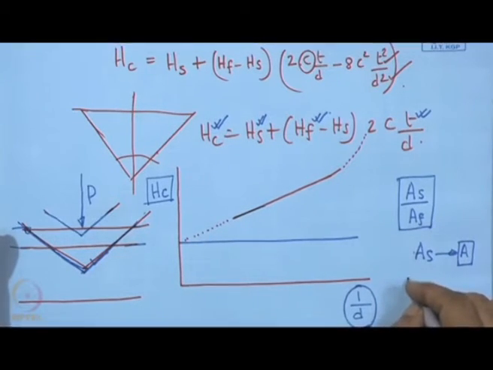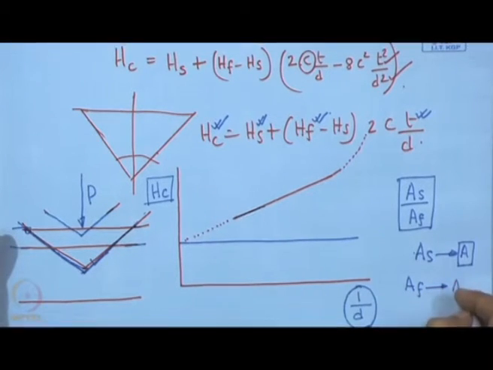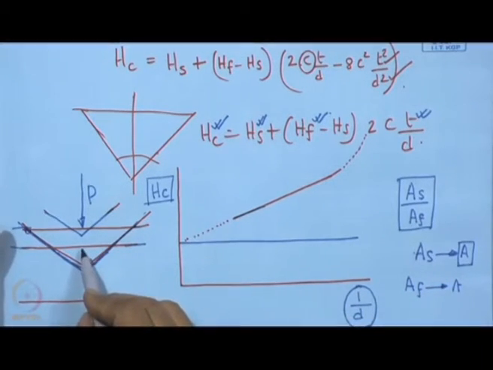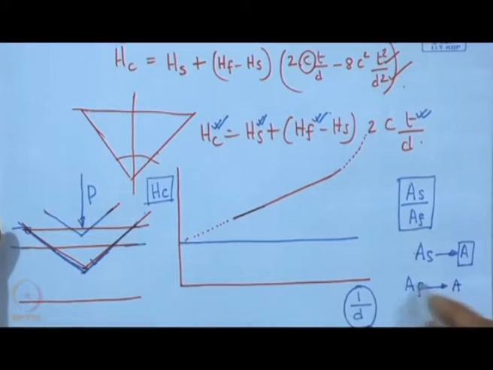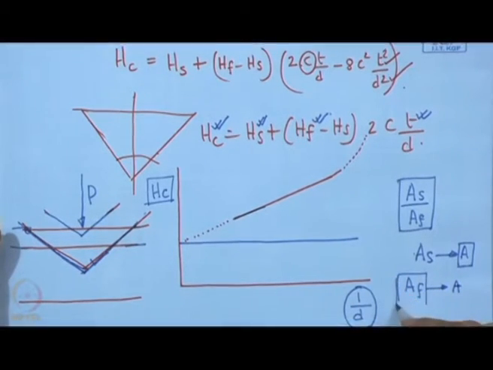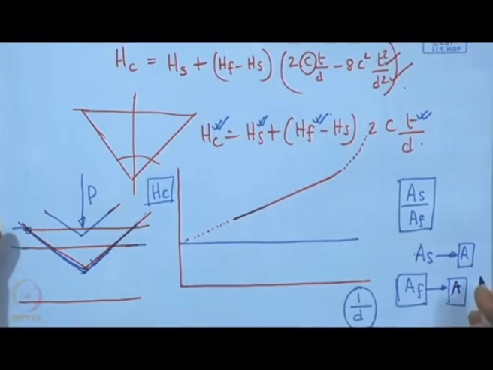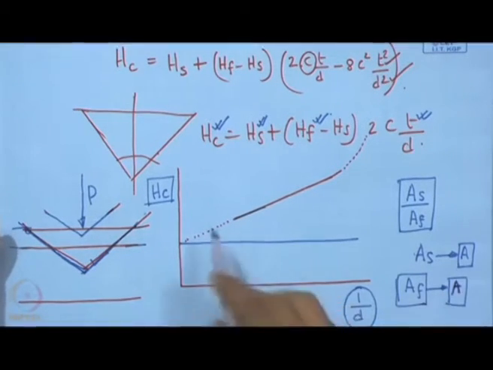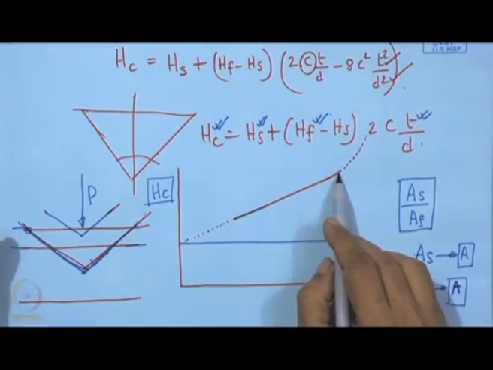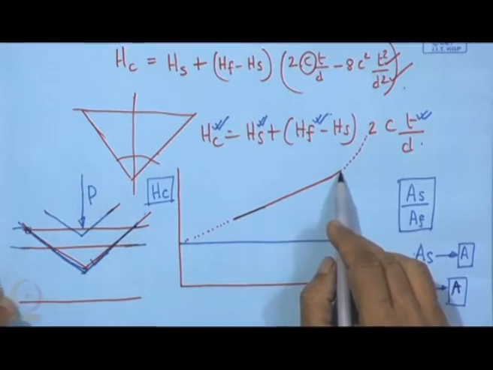On the other side, if we have Af approaching A, that means it is very close to the border, but it has not gone too much inside the substrate. So, in that case we can say the bearing area on the film is almost approaching the actual area of indentation, and in that case composite hardness will be on the higher side and it will approach that of the film.